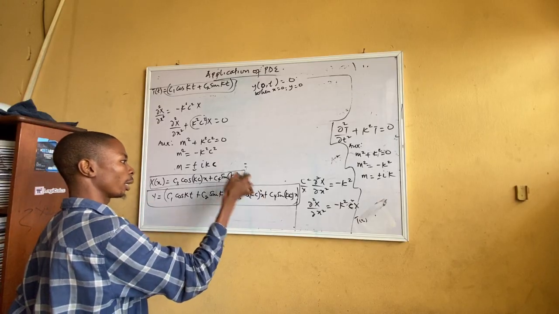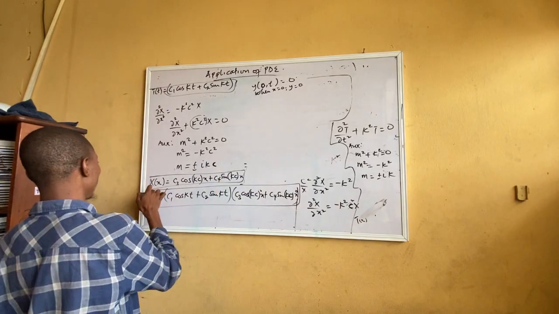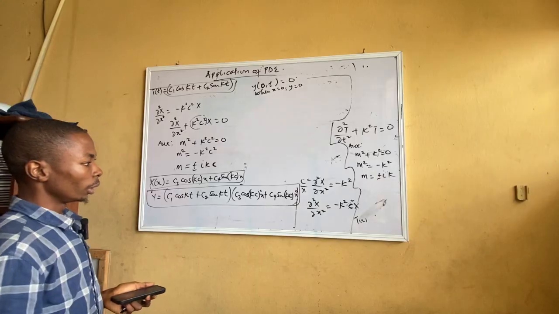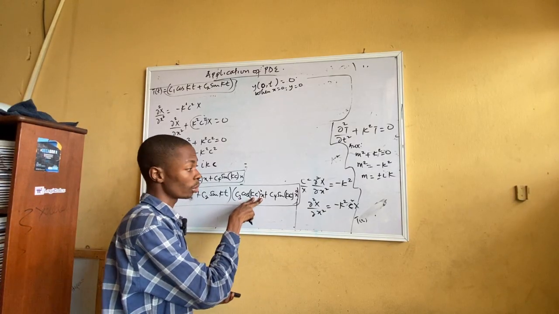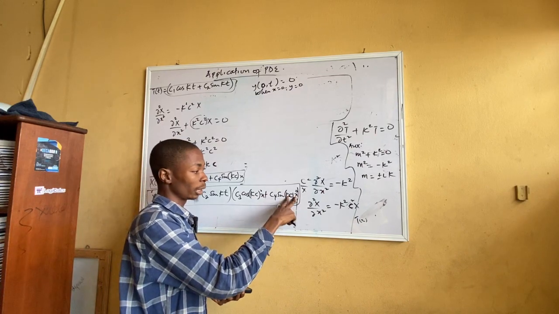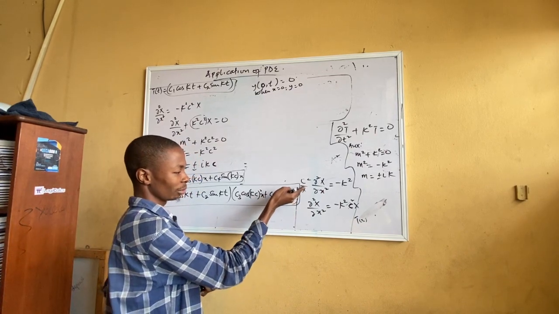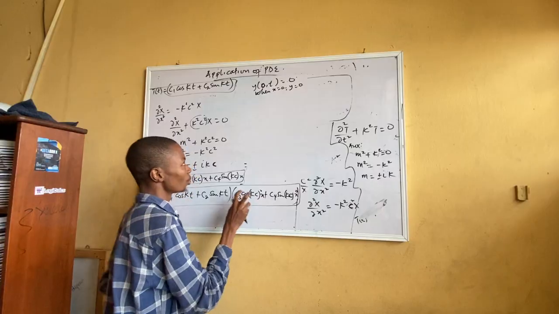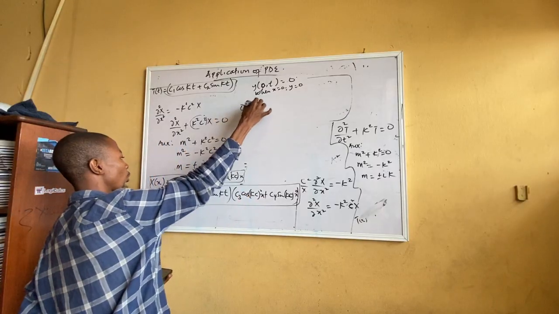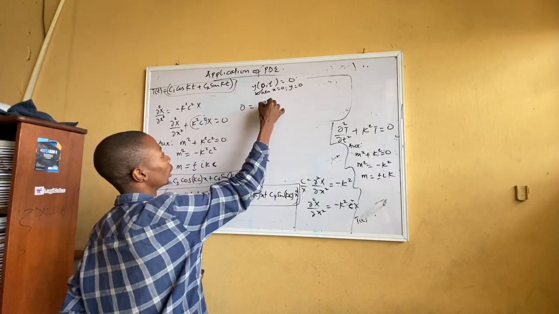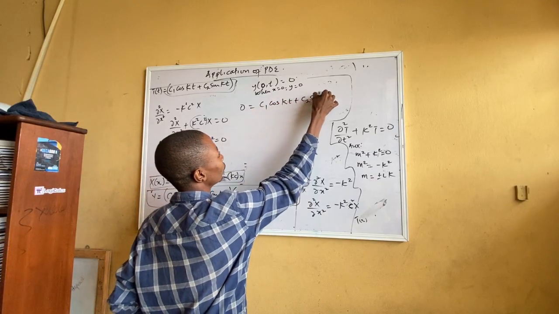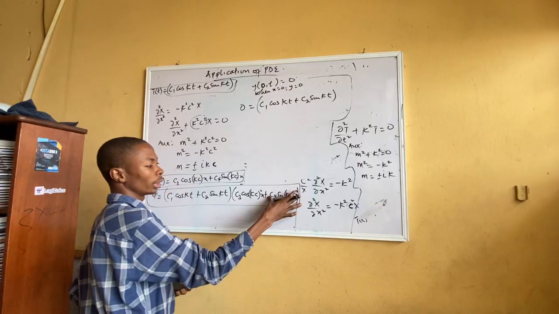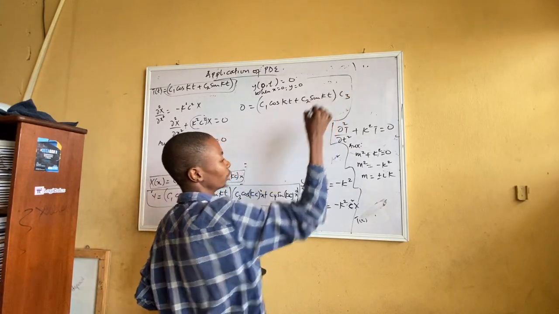If x is 0, cos 0 is 1, and sine 0 is 0. So it means that this part will no longer exist. So we are going to have 0 equals to c1 cos kt plus c2 sine kt. Everybody here turns to 0, so it will just remain c3. All right.